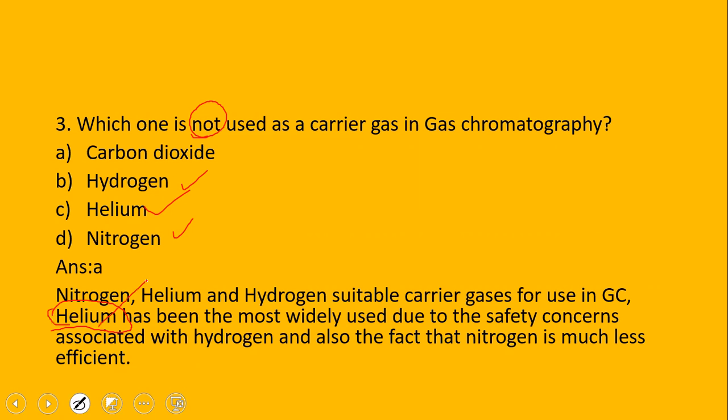Its only disadvantage is its cost, but it is the most widely used one. Nitrogen is much less efficient. So the carrier gases used in gas chromatography are hydrogen, helium and nitrogen.